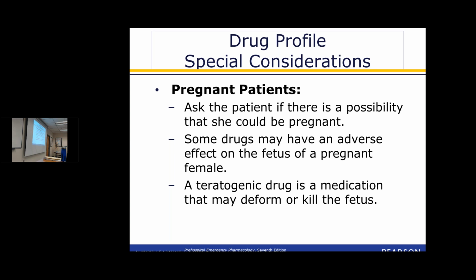It's a medication that may deform or kill a fetus. Back in the 60s and 70s, there were different drugs out there that they believed were safe to use during pregnancy. It turns out there was a huge problem in terms of either fetal demise or fetal complications along the way. And so since then, the FDA is very, very cognizant of issuing alerts on it.